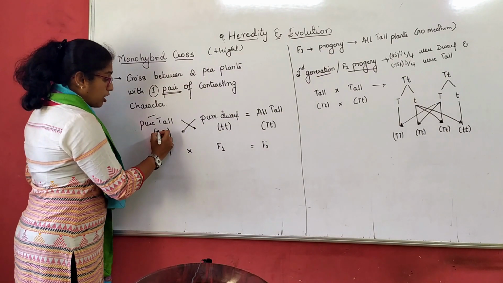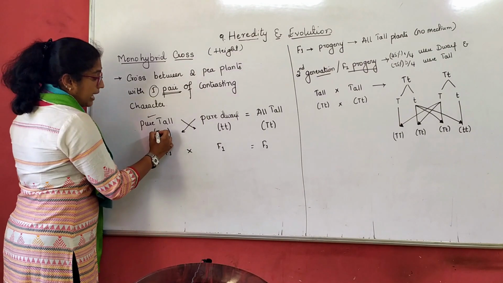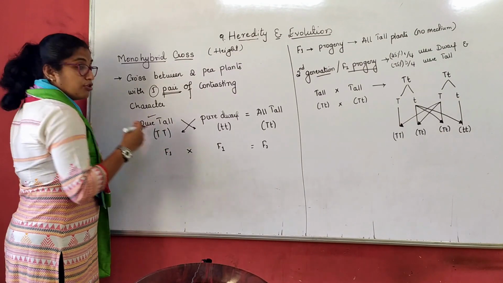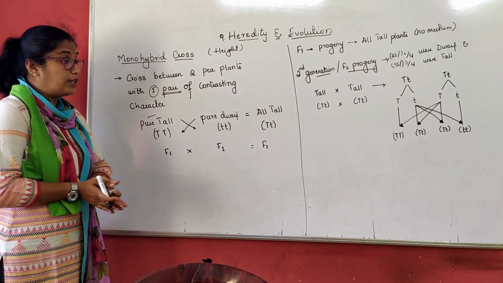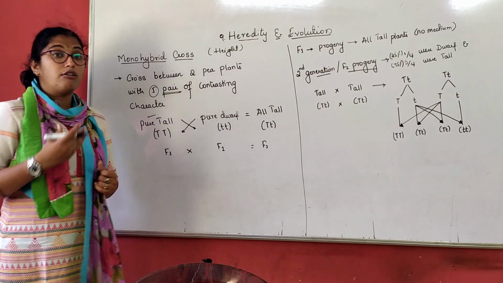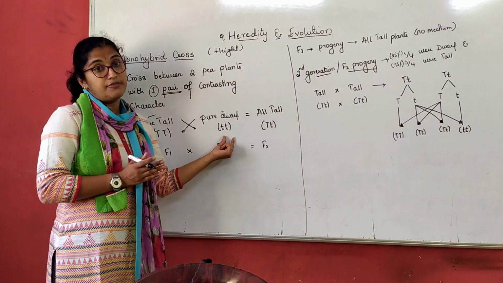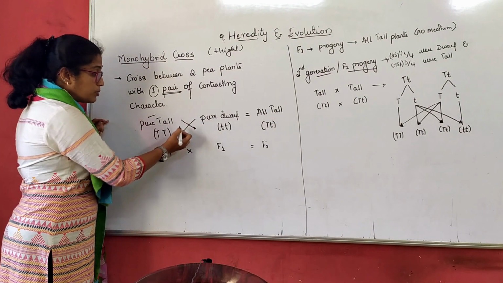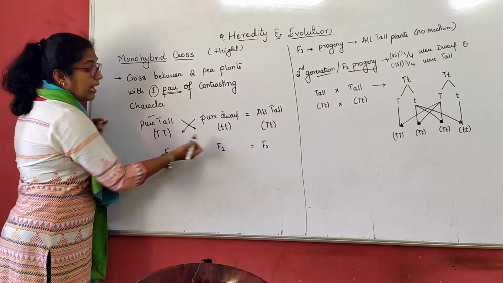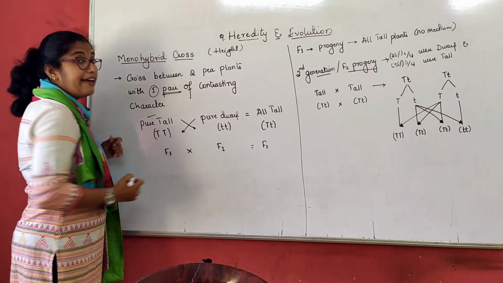Now when I talk about characters or traits which appear in pairs, I take pure tall. Tallness in height is always dominant, we know that. Dwarfness is always recessive. So a dominant allele and a recessive allele appear in a pair. When I crossbreed these tall and dwarf plants, here I have written F1.